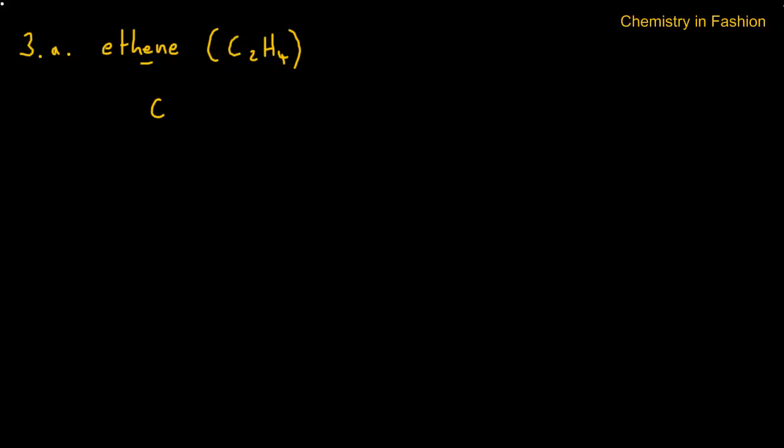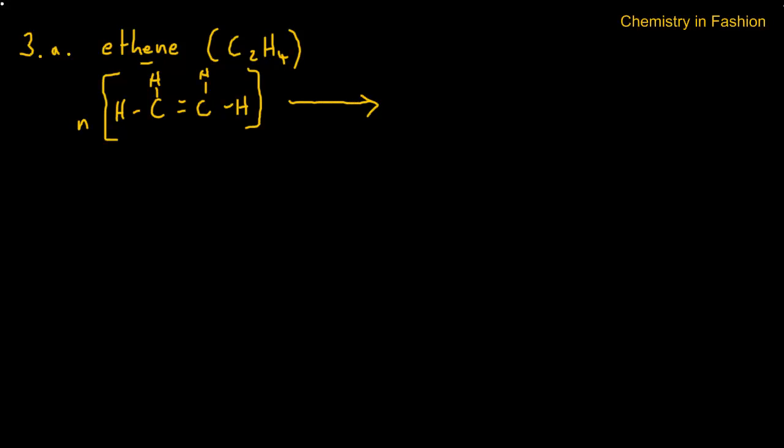And from that ethene, we know there's a double bond there. And so we can see that that will be the basic formula of ethene. And of course we're going to need lots of these, and we use the n.